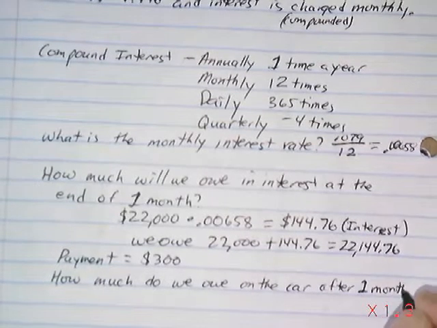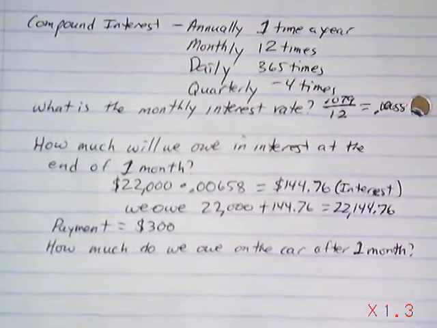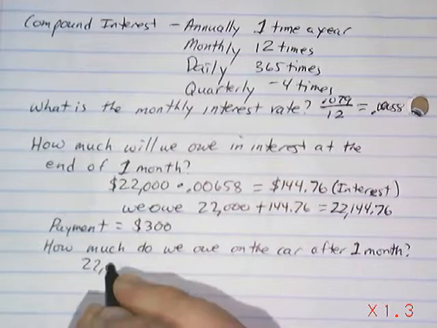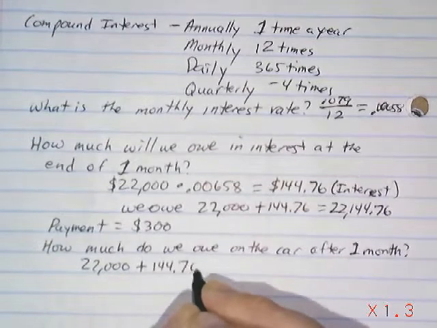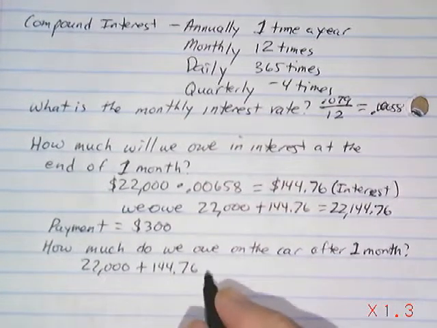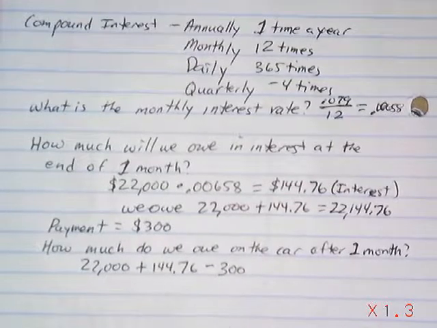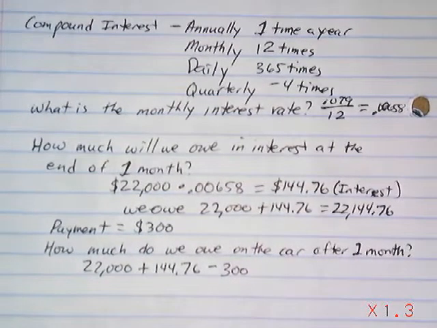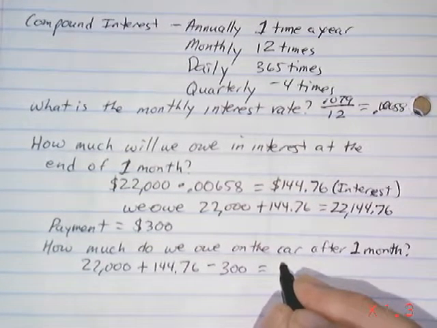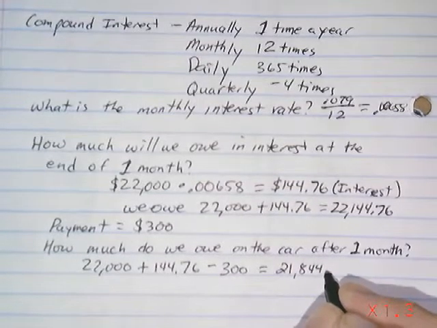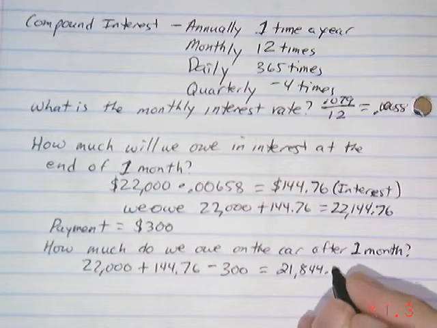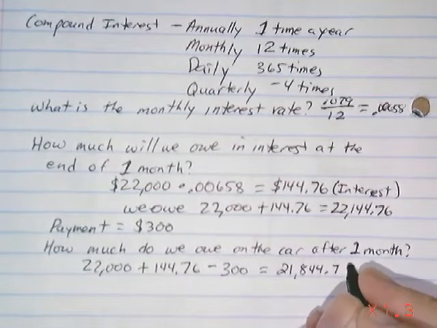And every month the amount of interest we pay should go down, and more should go on the principal. The principal is that starting amount, what we started with, how much we took out a loan for. So if we calculate this, we take 21,844.76 plus 143.73, the interest they charge us, and minus 300, and that would give us about $21,688.49.